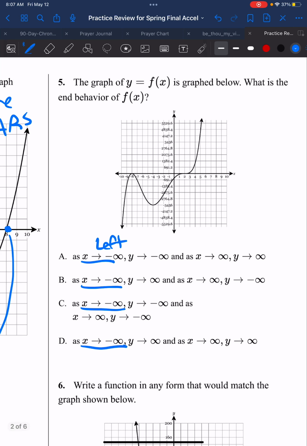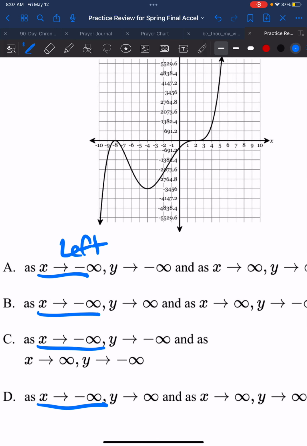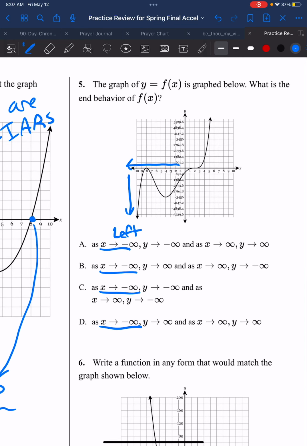As I go left, I'm going down. So at the end of my function, I'm approaching -infinity. So this can't be an answer. Oh, wait, I was looking at the wrong one. This one can be an answer. This one can't be an answer. This one can be an answer. And this one can't be an answer.